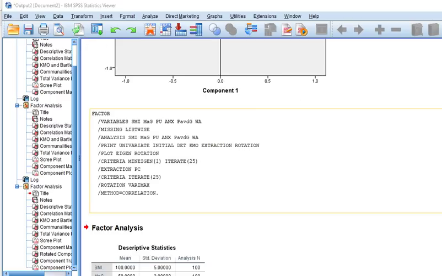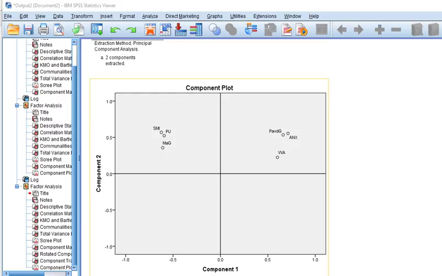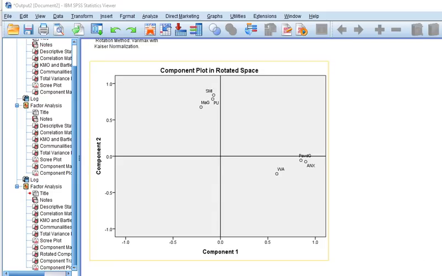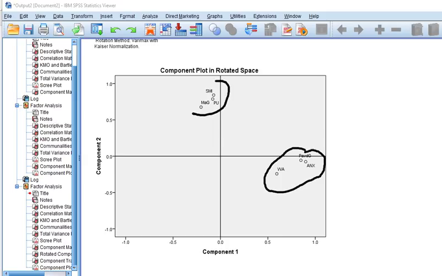Then following rotation, you can see that our components remain uncorrelated with each other. But the relationships among the measured variables are the same; we've just rotated those axes. So that's why this group is loading higher onto 1 than 2, and this group is loading higher on 2 than 1.